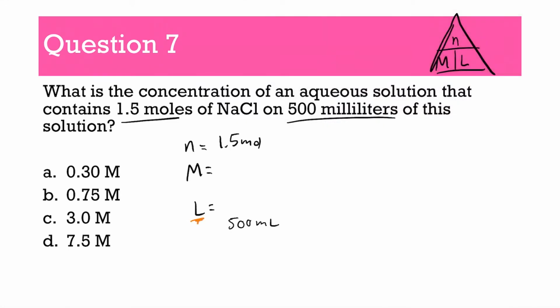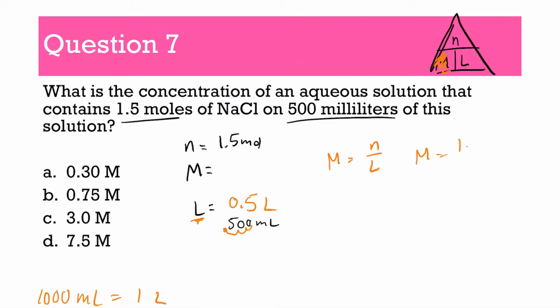Now our problem here is this. L is liters of solution, but we're given milliliters. Fun fact, 1000 milliliters is 1 liter. So all you have to do is move that decimal point over 3 spots to make it 0.5 liters. Now we have everything we need for our equation. We're looking for molarity, so big M. Cross that out.